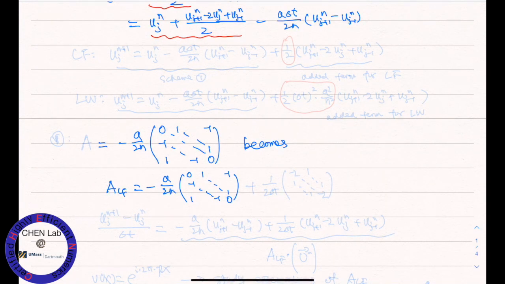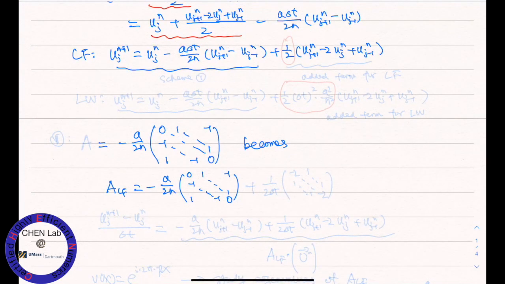This way, it is pretty easy to see that we think of this as UJN plus 1 equals UJN, like Euler for the ODE, minus a delta t over 2h, UJ plus 1n minus UJ minus 1n, plus 1/2 times UJ plus 1n minus 2 UJN plus UJ minus 1n.